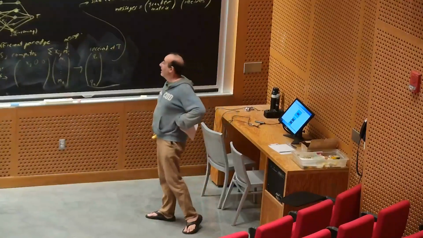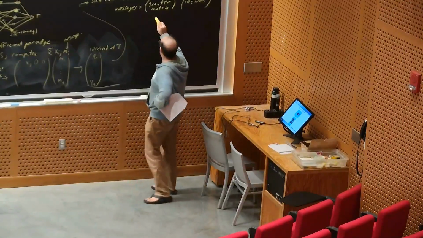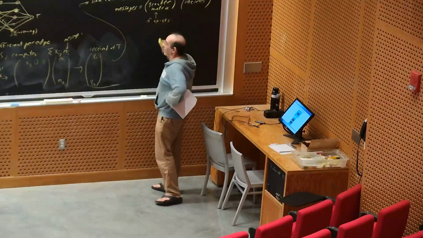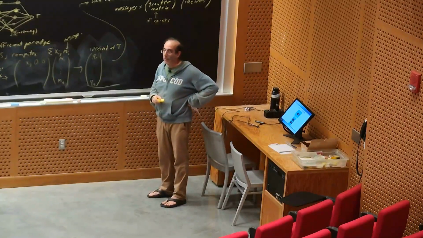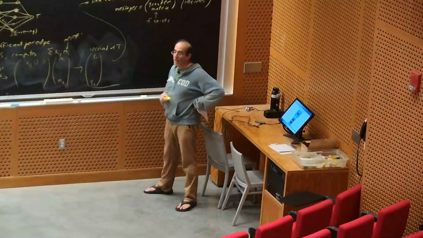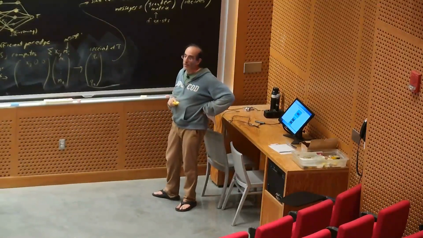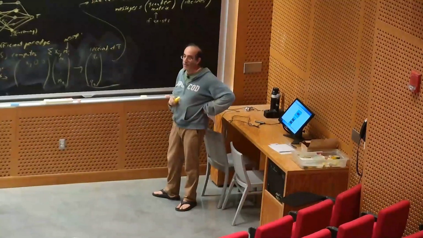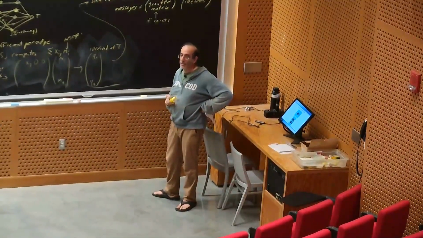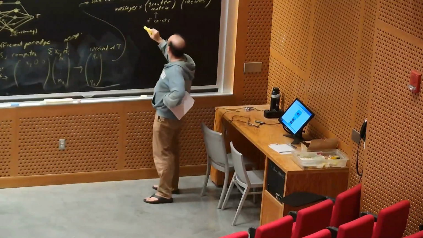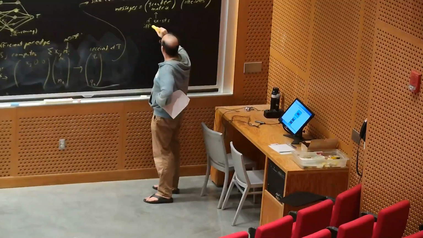Now this works as long as the transfer matrix has an inverse. Under what circumstances does the transfer matrix have an inverse? Basic linear algebra question. Yeah? Right. Non-zero determinant.